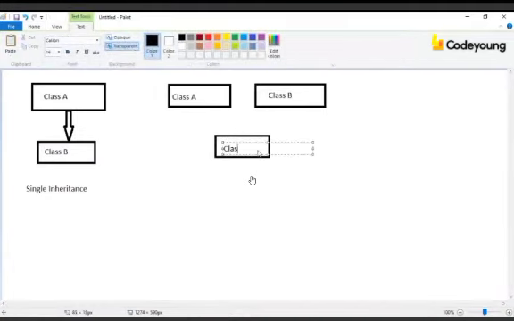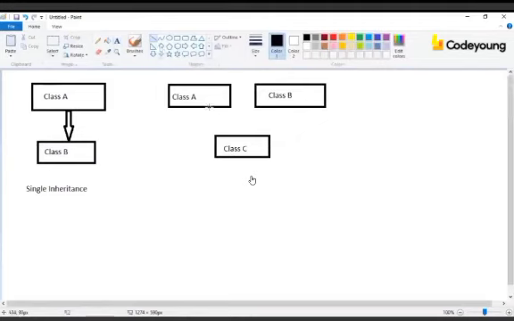If I'm supposed to make an arrow, instead of using an arrow, I can simply use a line, right? So I'm inheriting the properties of two distinct classes into one.